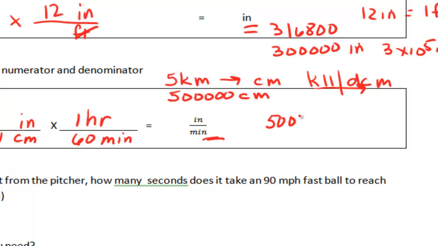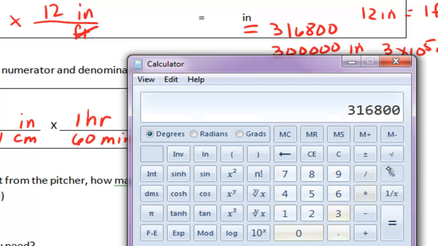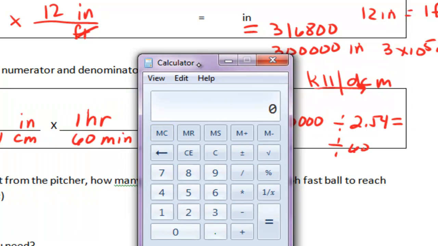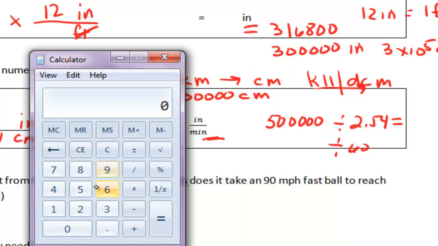Mathematically, I'm going to take the 500,000 divided by 2.54, and I'll push equals, and then I'll divide it by 60. So I'm going to bring up the standard calculator so it doesn't take quite so much room. So I'll have 500,000 and divide that by 2.54 equals, and I'll divide that again by 60.